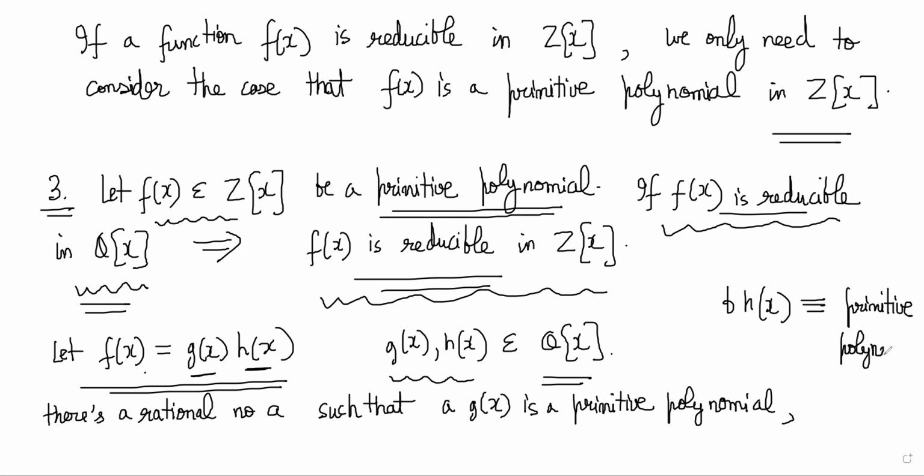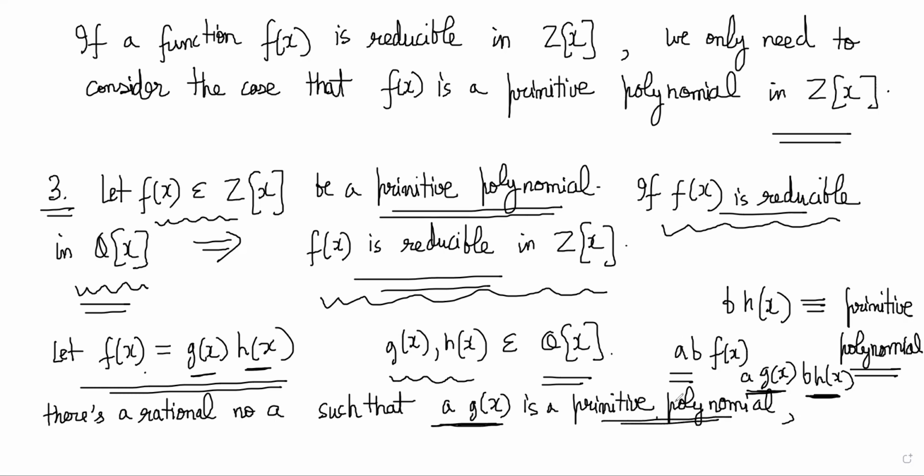So basically, what we can say is that ab times f of x, which is equal to a times g of x into b times h of x, is a product of two primitive polynomials, right? Because we know that a times g of x is a primitive polynomial.